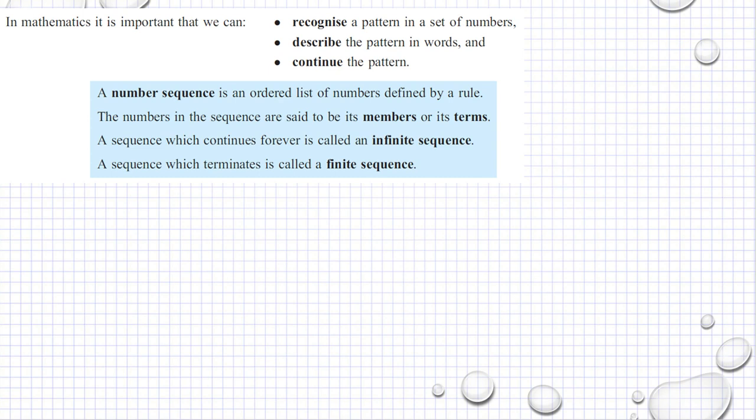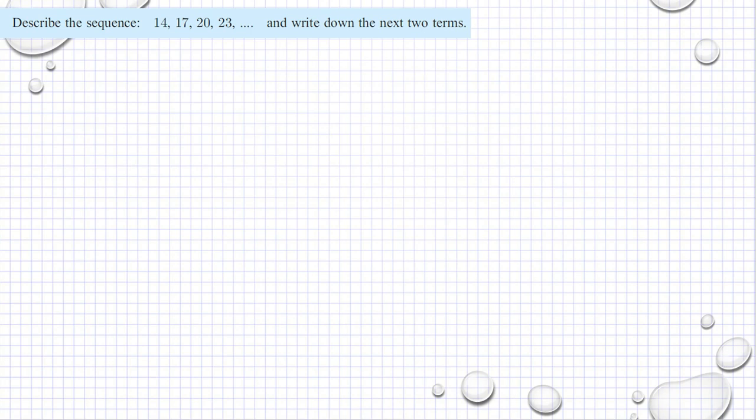Okay, let's take an example. Describe the sequence 14, 17, 20, 23, and so on. The start value, or the start term, is 14, and because of the dots, we know that this is an infinite sequence. As you can see, 14 became 17 for the next term, and then 20 and 23.